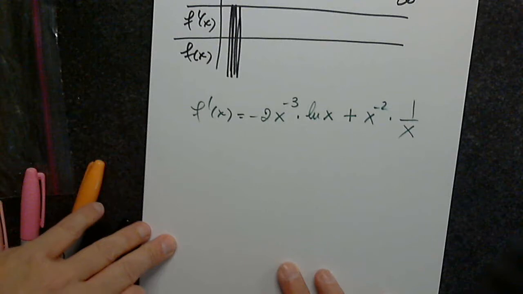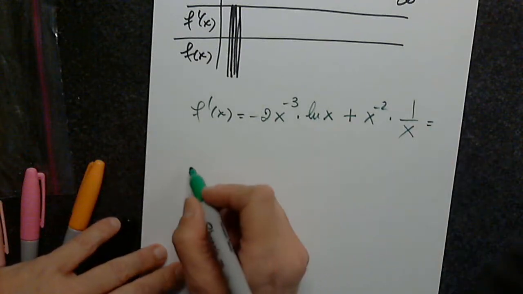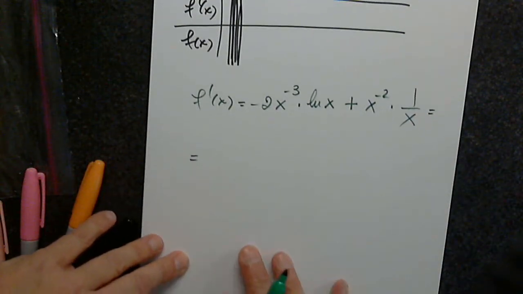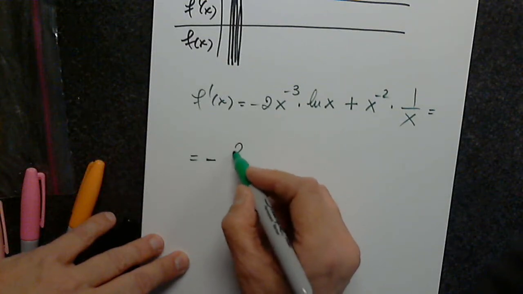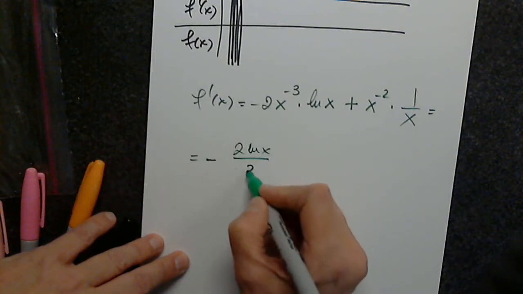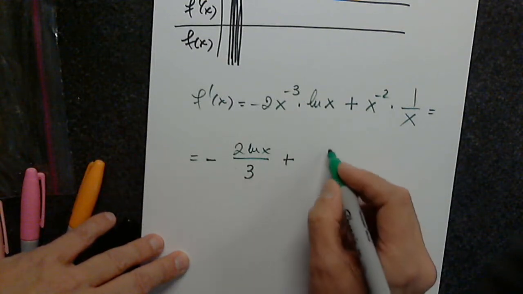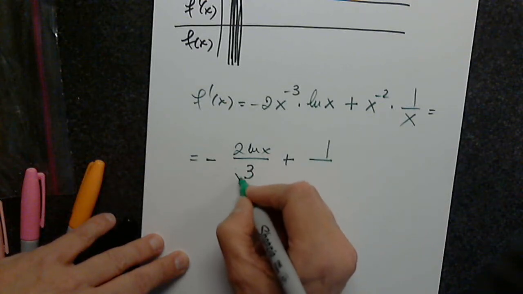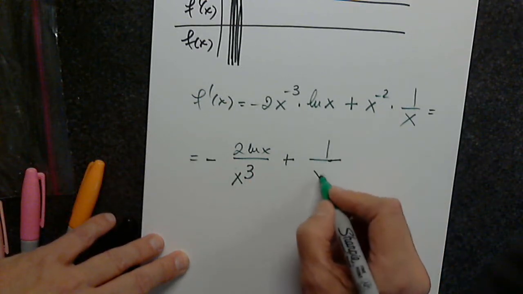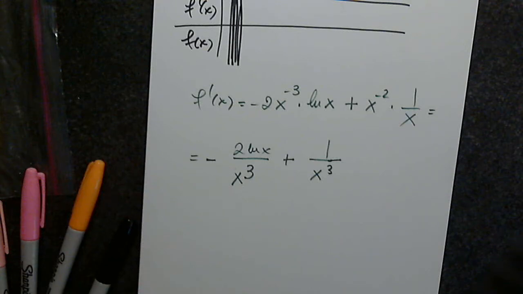Great job. Now be very careful with this, because this is basically negative 2 natural log x over x cubed, plus, you know what I meant, plus 1 over x cubed. I brought x to the negative 3 to the denominator, and of course I brought x to the negative 2 to the denominator. And I'm happy because I see that they have the same denominator.